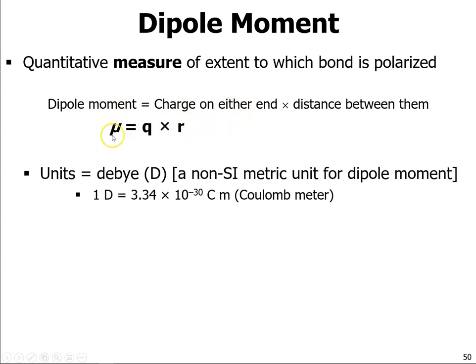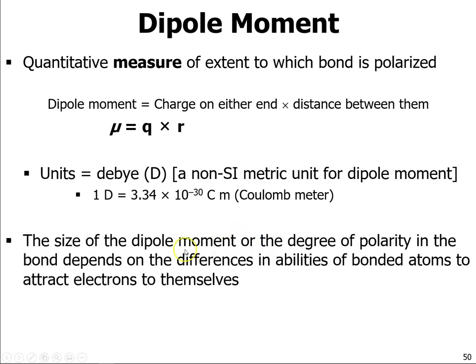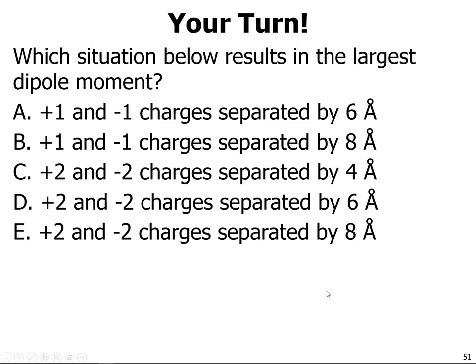That gives you a measure of the charge and distance, the dipole moment. Coulomb meters is typically the unit involved here, and we also sometimes use units of debye, or D. It's a non-systematic unit for dipole moment. The size of the dipole moment describes the degree of polarity between those two atoms and how polar that molecule is. So we'll talk about this and give some more examples coming up here.